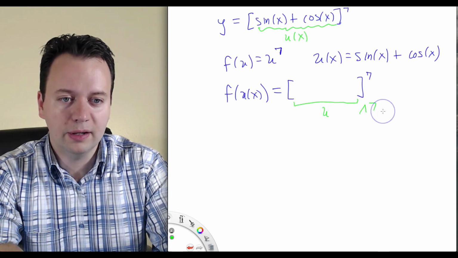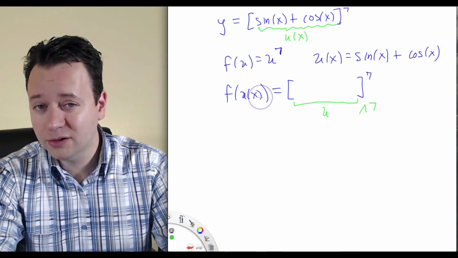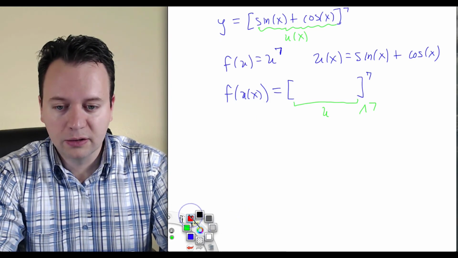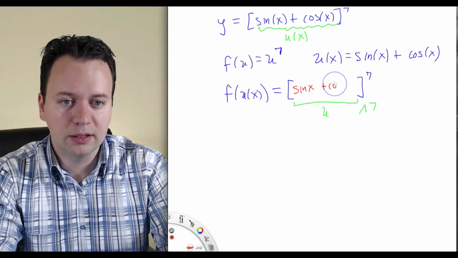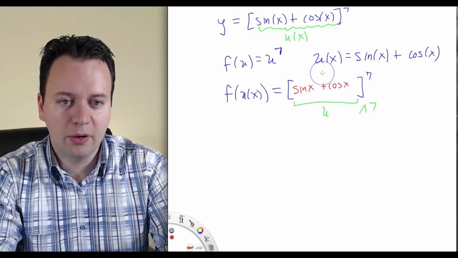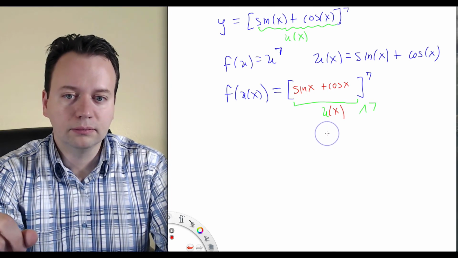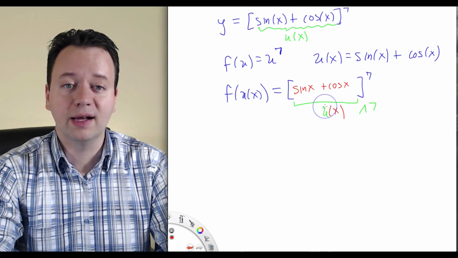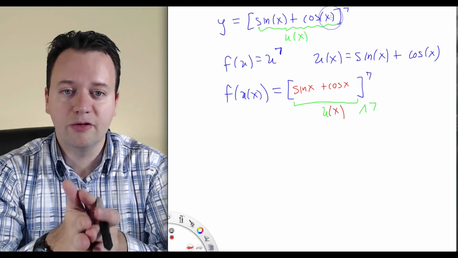Now for f of u of x, we have to replace the u with u of x. So u of x comes right in here, sine of x plus cosine of x. So that part there is u of x. So we see that f of u of x does work out to be sine of x plus cosine of x, all raised to the 7th power.